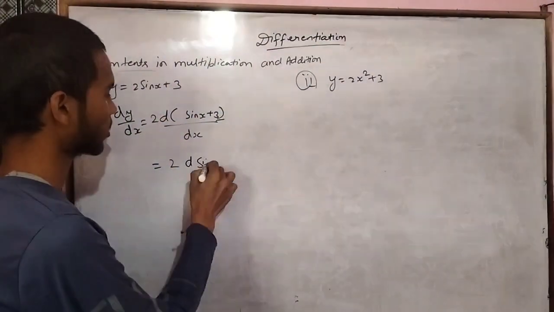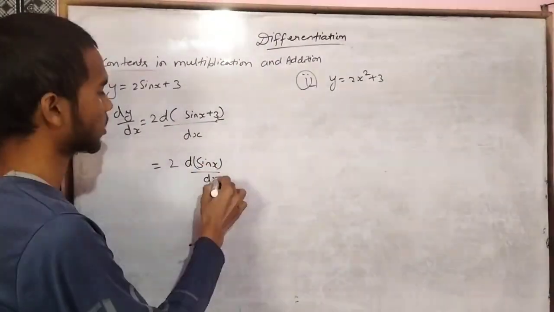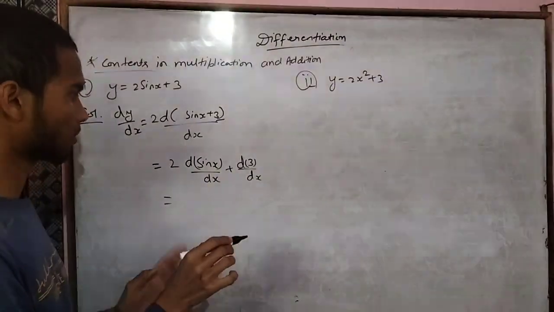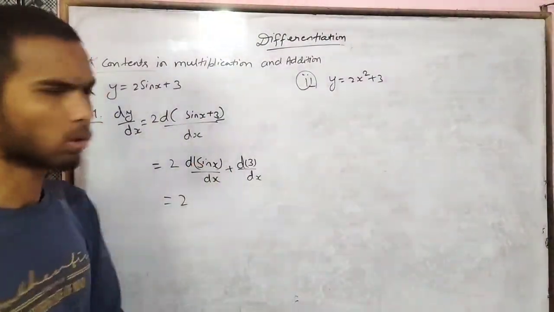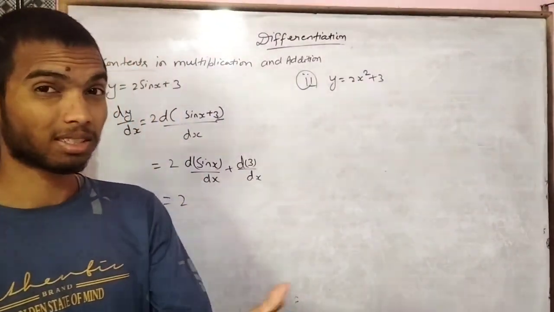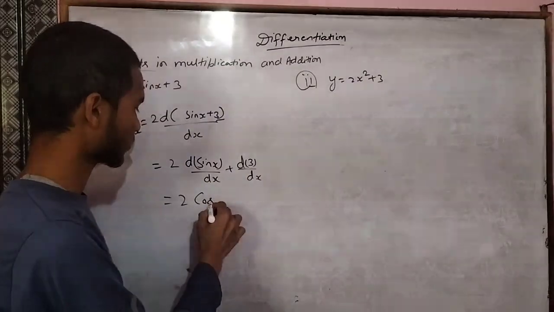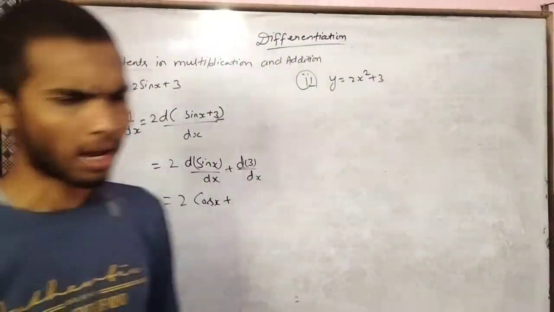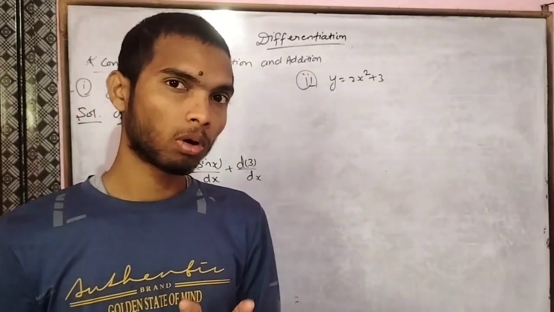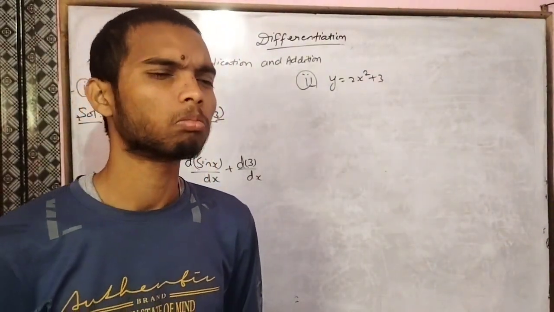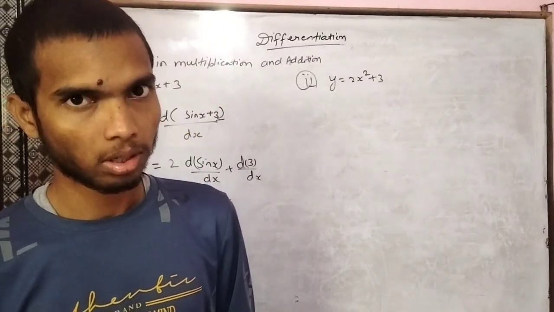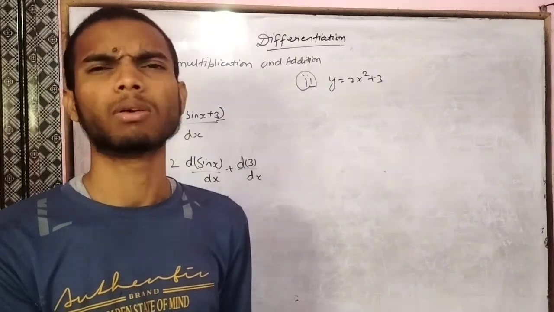For example, d sin x by dx and then d 3 by dx. Now it's very simple. We observe that the differentiation of sin x is cos x. Now I was teaching you that if we have only a number in our equation, then the differentiation of a number will be 0.